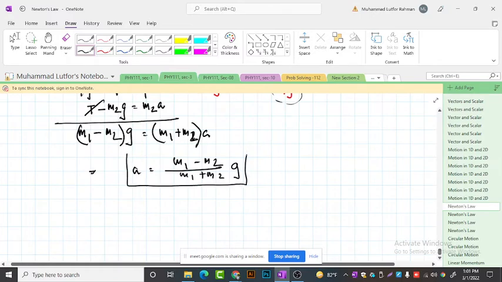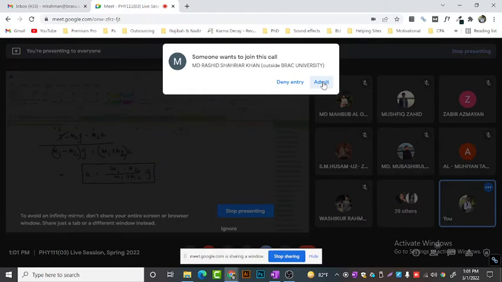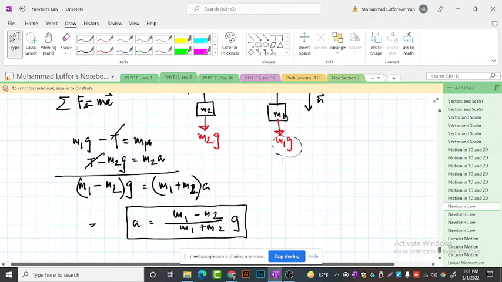Using Newton's second law step by step, we are able to find the acceleration of the system. If there is one mass under another, you have to draw the free body diagram in that way and apply Newton's law step by step on every single body.